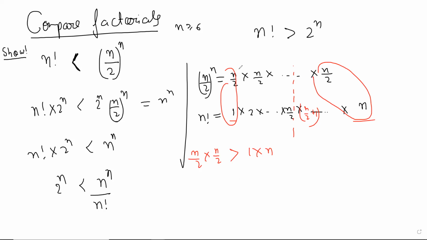So this is making n by 2 to the power n win, and this is making it lose. So then you take the net effect, taking the product, which one is doing it more eventually. So you look at this, and then you can similarly keep doing this. You can take n by 2 times n by 2 and compare it with 2 times n minus 1. And in this way, you can continue and ask these questions.